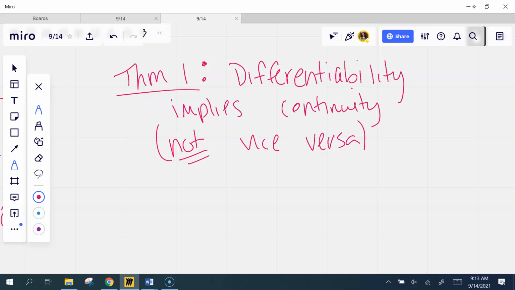In other words, if it's differentiable, it has to be continuous. That's one of the requirements of differentiability. But you can have a continuous function that is not differentiable at that point. The corner, the cusp, the vertical tangent, those are all continuous functions, but they're not differentiable at that point. But if it's differentiable, I can assume that it's continuous. Does that make sense?